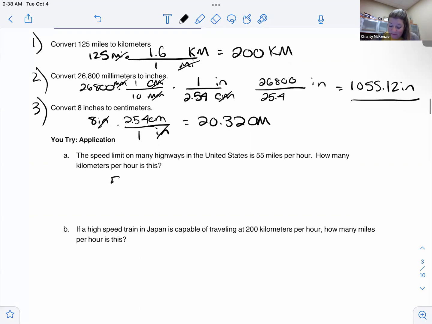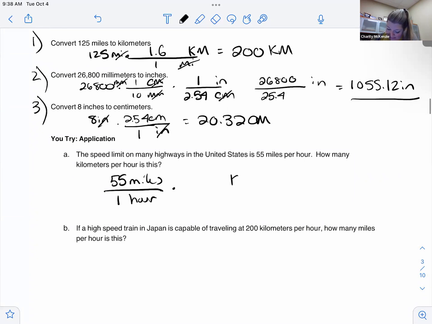It means you've gone 55 miles in 1 hour. Okay. So then from here, I can convert those miles. I want the hour to stay, but I can convert the miles to kilometers.